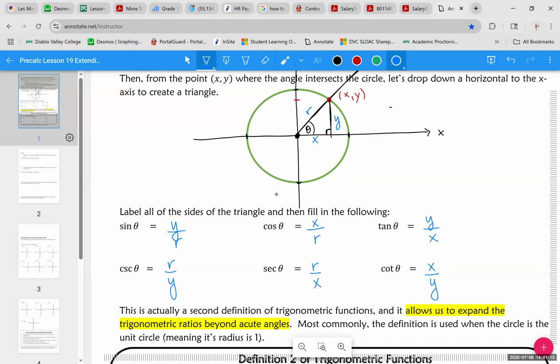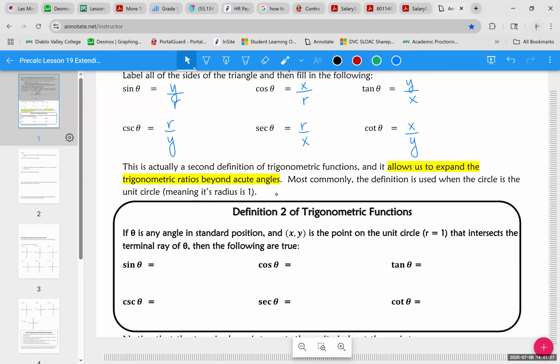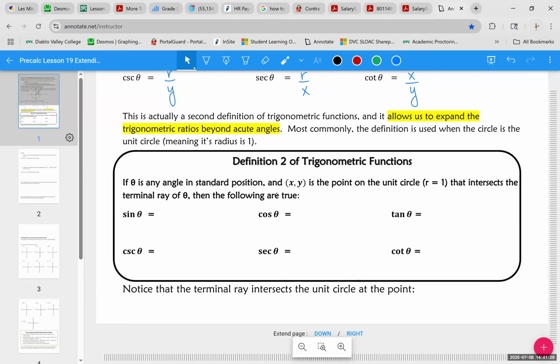And so what we're going to do is use this as the basis of a new definition of what sine, cosine, etc. are. Okay. And you can see our second definition here. The point of doing this will be to allow us to expand, applying these to other angles outside of just acute angles. So here's our second definition.